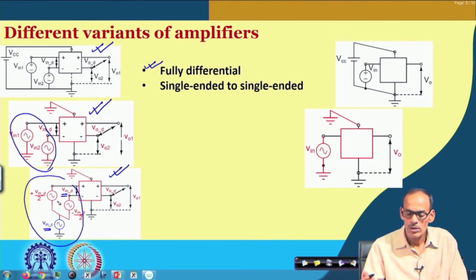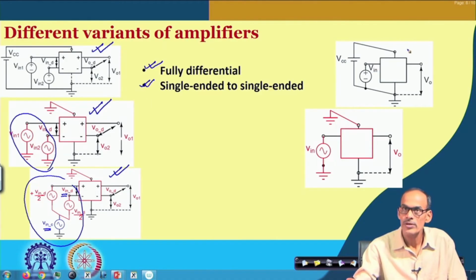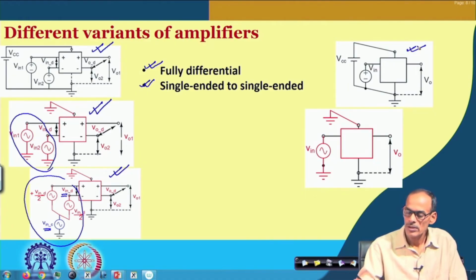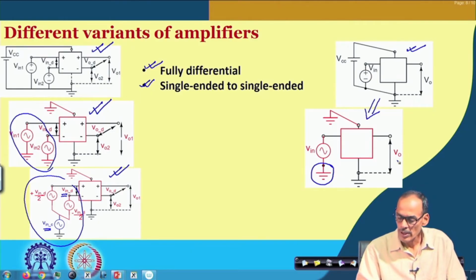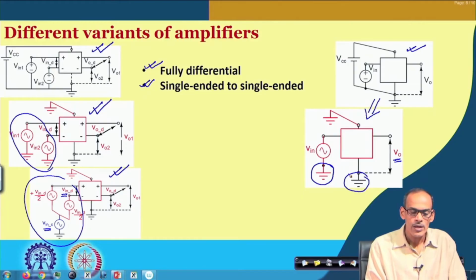Likewise, we are also quite familiar with the single ended to single ended amplifier. Here we have the main circuit and the corresponding linearized model. The input signal is with respect to common node ground, and the output also is with respect to ground. Now, apart from these two, we have one more variant of amplifier.